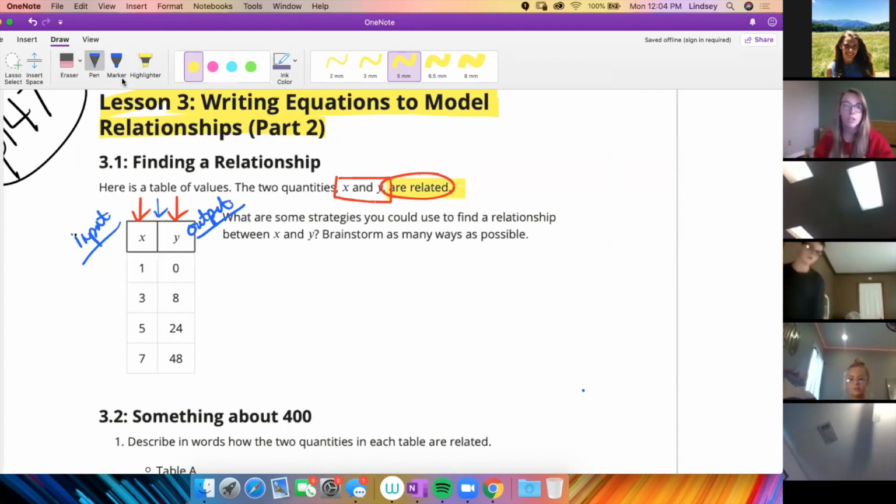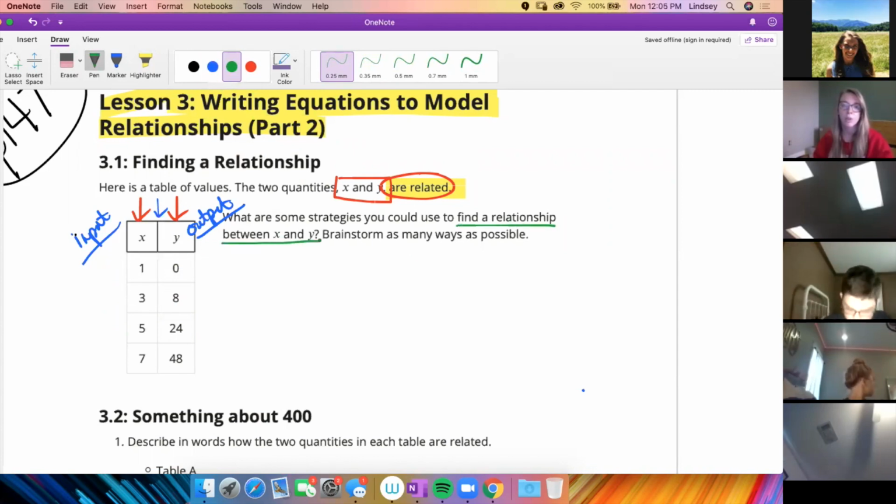I'm going to give you all a minute or two, and I want you to see if you can find a relationship between our X and Y values. Just see if you notice anything about this table, anything that stands out to you that tells how these values are related to each other.